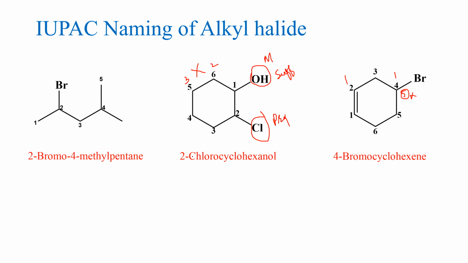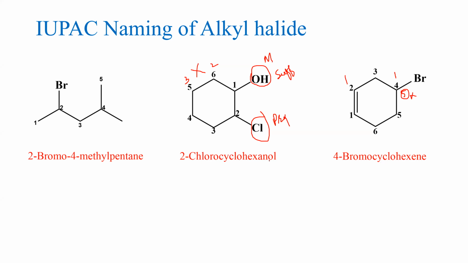Now coming to the second one, it is 2-chlorocyclohexanol. When we don't mention the position numerical value, it is understood that this is at the 1 position. But you may choose to include it for more detail of the compound. So 2-chlorocyclohexane-1-ol or 2-chloro-1-cyclohexanol, that is all fine, right?